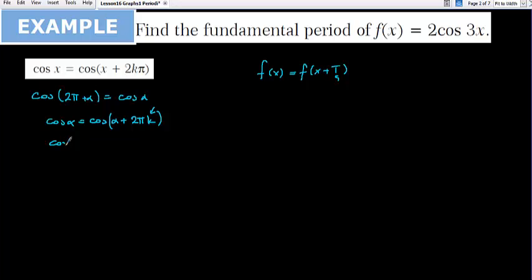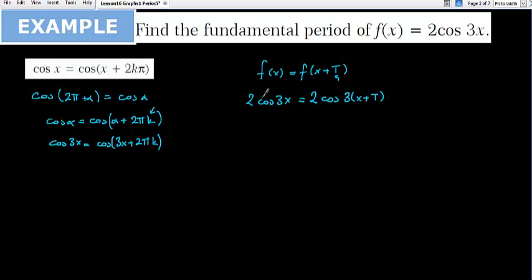And here for cosine 3x, with respect to this information, cosine 3x is going to be equal to cosine of 3x plus 2 pi k. Then if we apply the formula here, f(x) is equal to 2 times cosine 3x, which is equal to 2 times cosine of 3 times (x plus T).